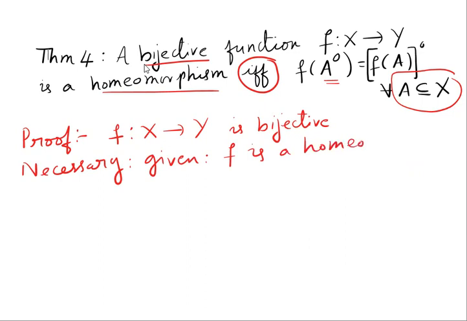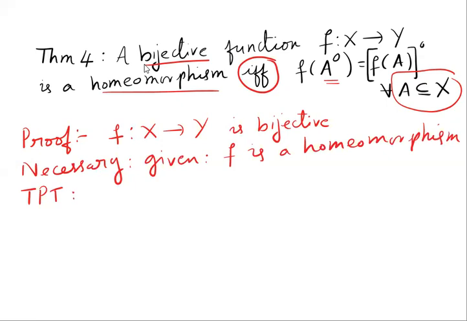What is a homeomorphism? That is, f is bijective, f is continuous, and f inverse is continuous, or f is an open mapping. Right? F inverse continuous is equivalent to f is an open mapping. What we have to prove?